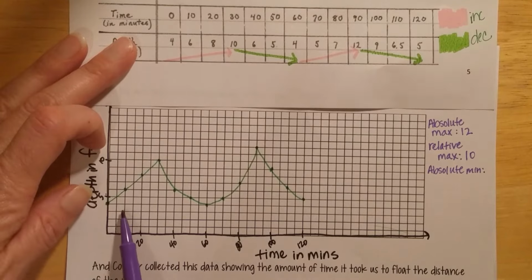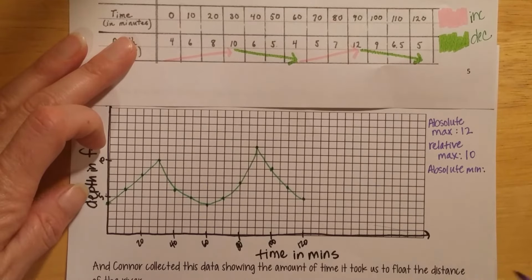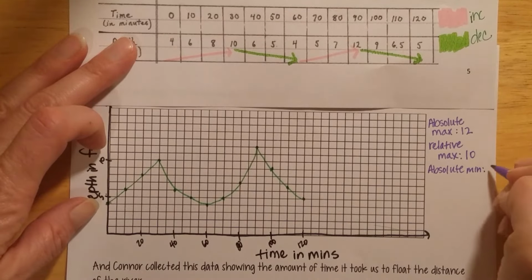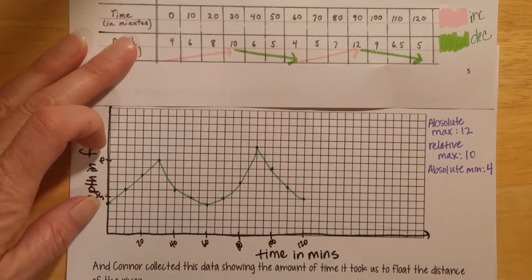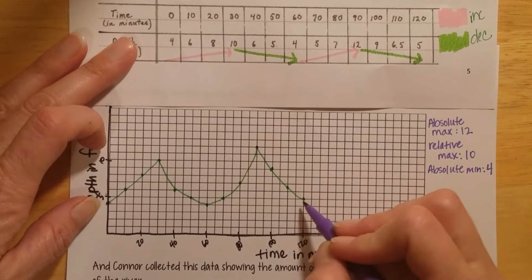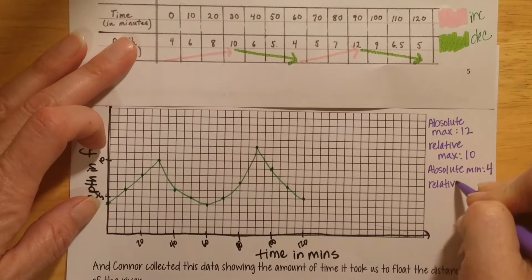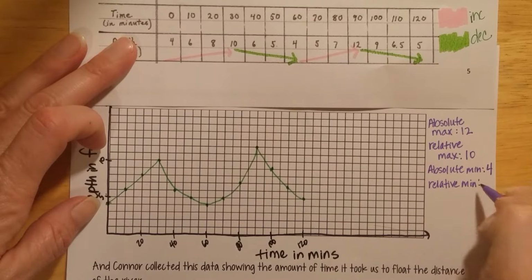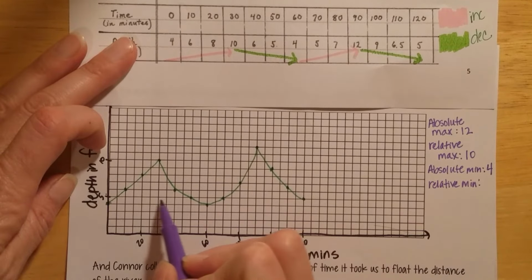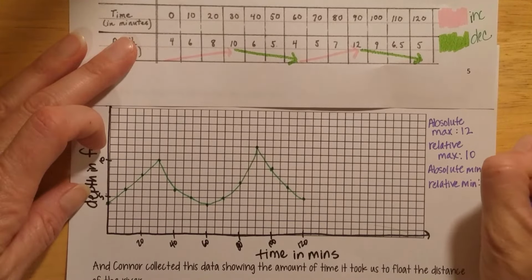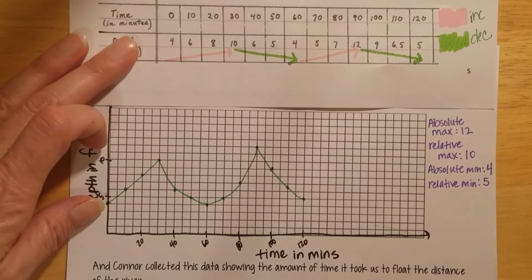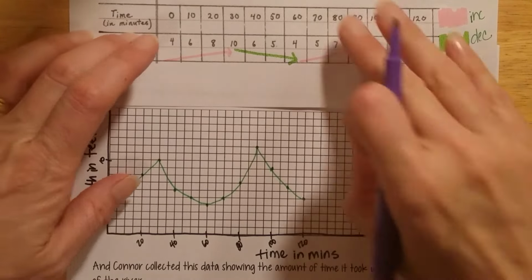So I have two absolute minimums at the same point, and they're both at 4. So we don't write 2 of them, we just write 1 of them. And then this one right here is a relative minimum, and it is at, we drag it across, 5. Okay. All right. So now we're done with those.